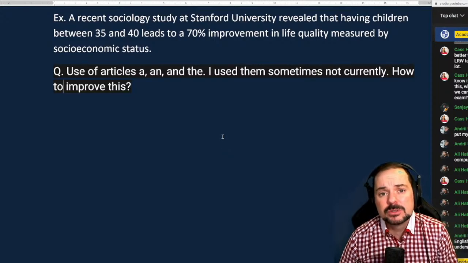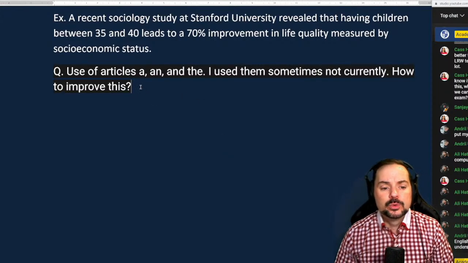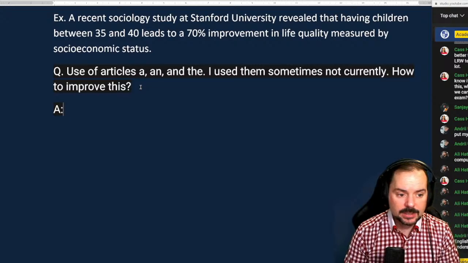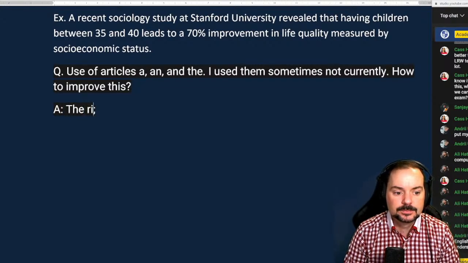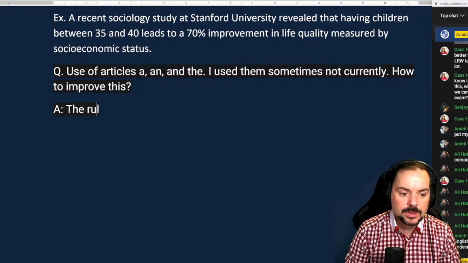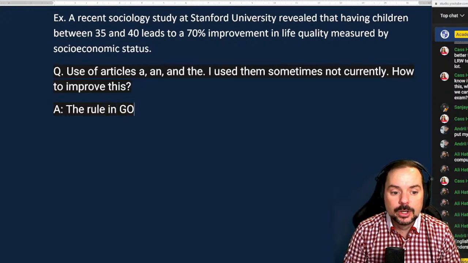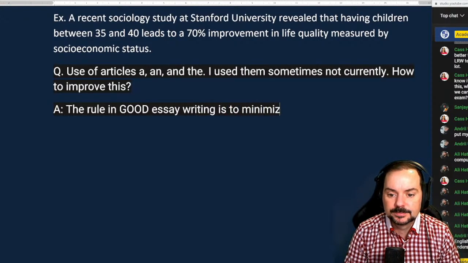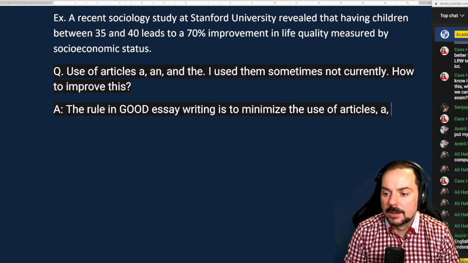Don't stress about making mistakes using articles. The rule in good essay writing is to minimize the use of articles a, an, and the.